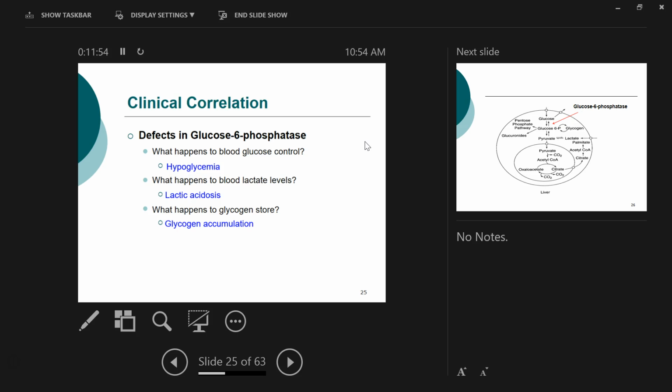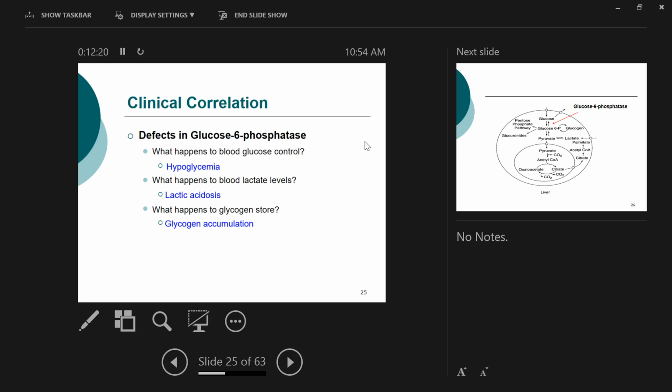It's also the last step in the glycogen breakdown pathway, right? So glucose 6-phosphate will accumulate if we don't have glucose 6-phosphatase.